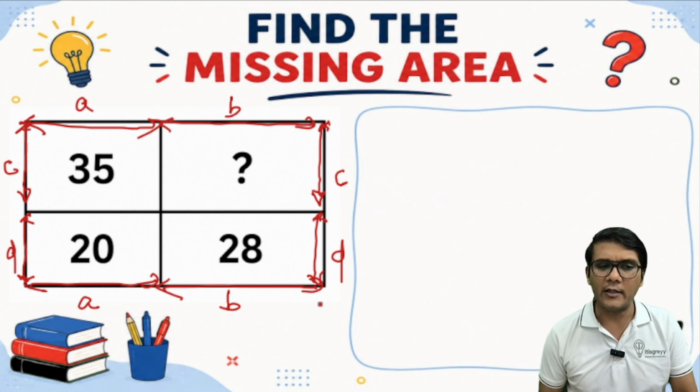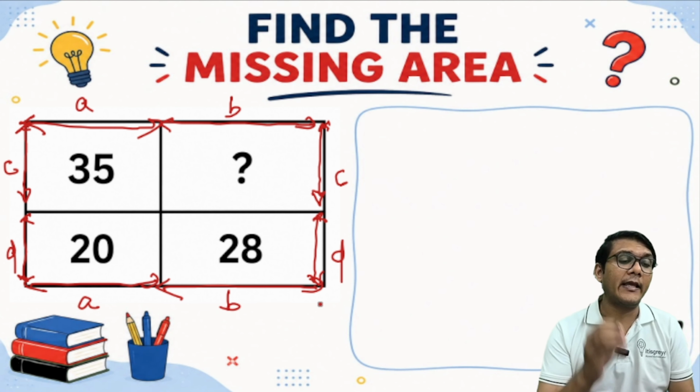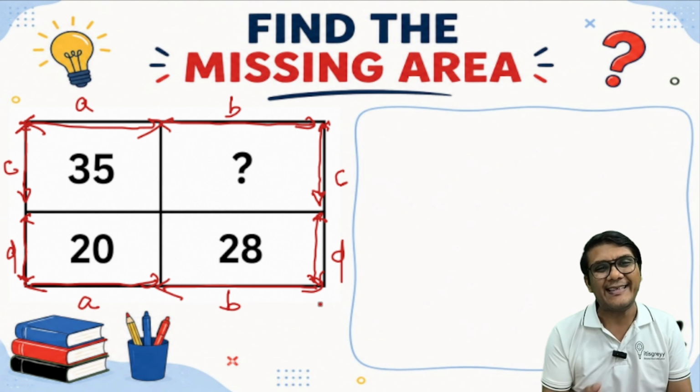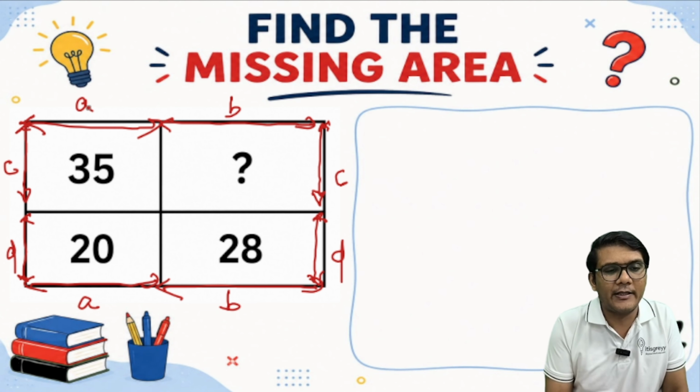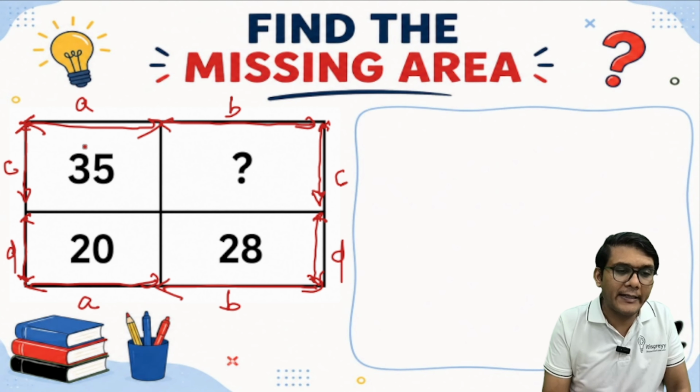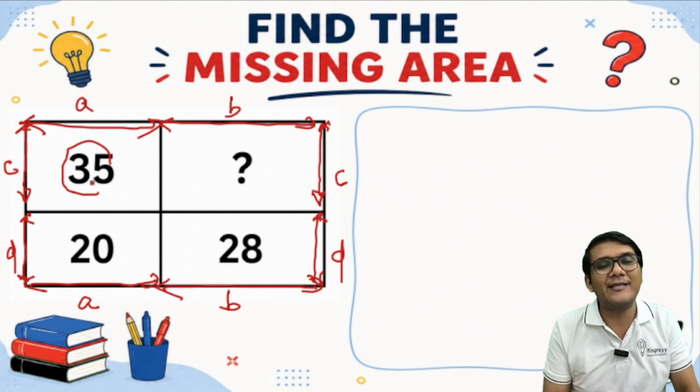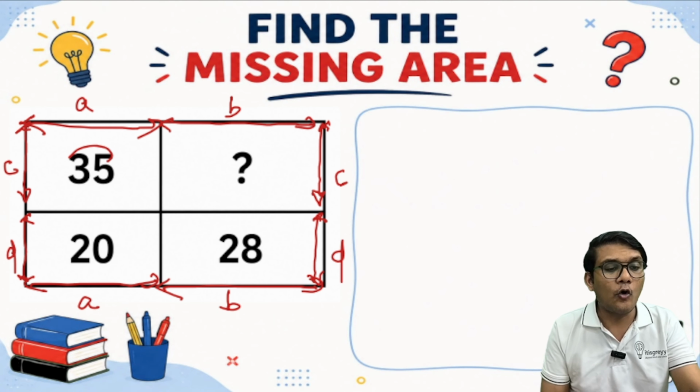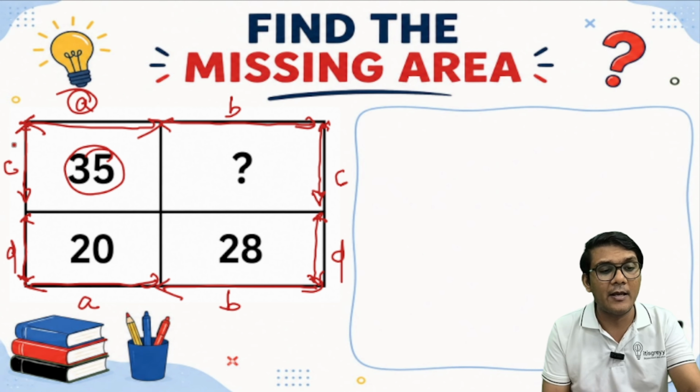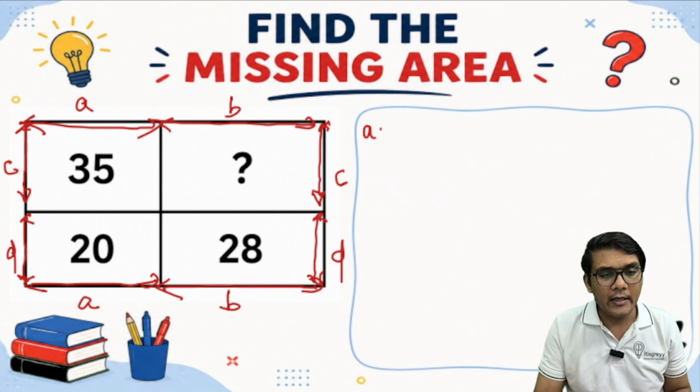Now, what can we do further? Let's try to identify the area or the sides of each rectangle, or simply write the formula for the area of a rectangle. Area of a rectangle is basically length into breadth. So 35 will be equal to the length of this rectangle multiplied by the breadth of this rectangle, which is A multiplied by C. Therefore, A into C is equal to 35.